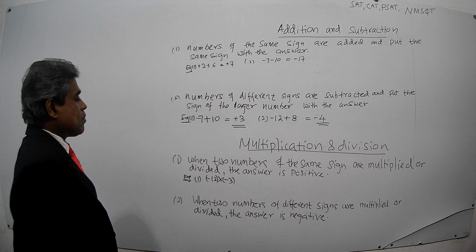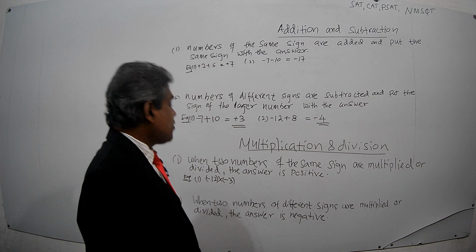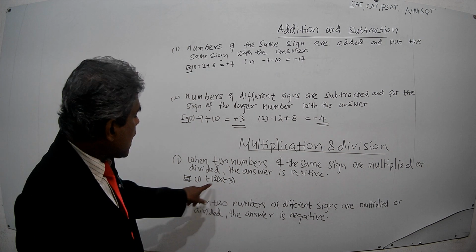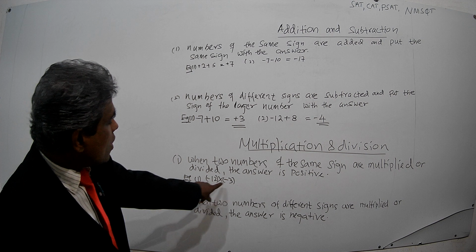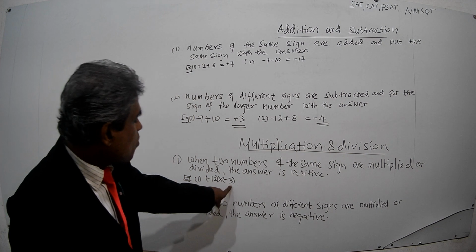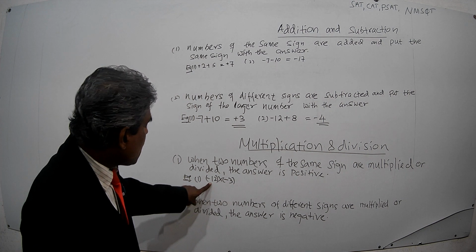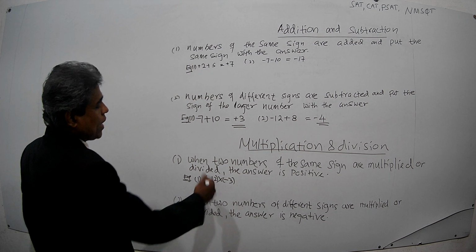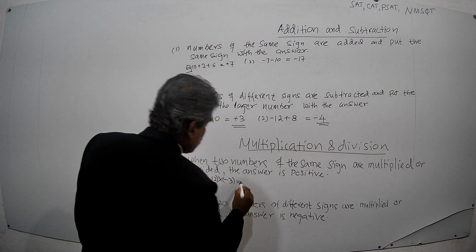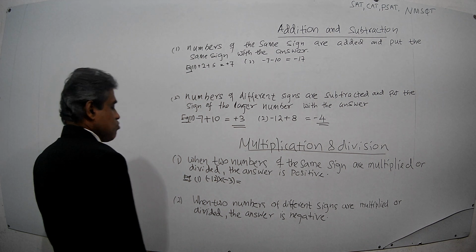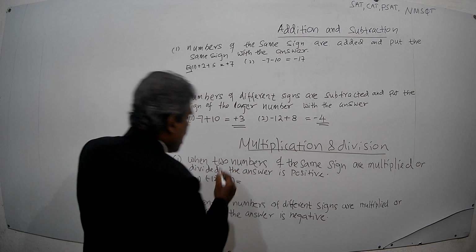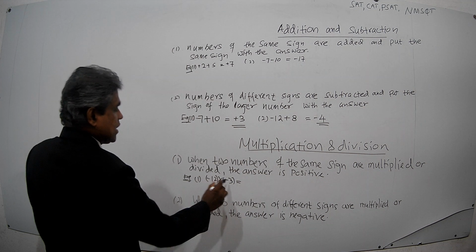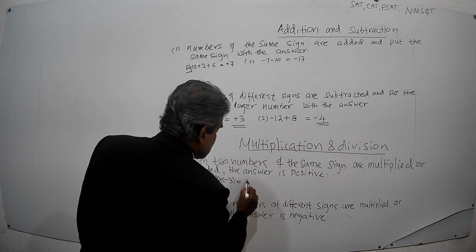These two numbers have the same sign, minus and minus. Minus 12 has a minus sign, minus 3 also has a minus sign. So you multiply and put the sign according to the rule: two numbers of the same sign are multiplied, the answer is positive. 3 times 12 is 36, so positive 36.